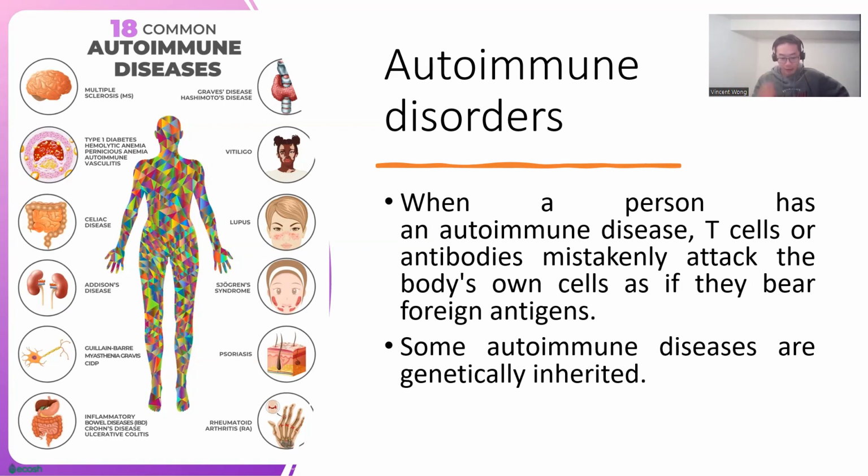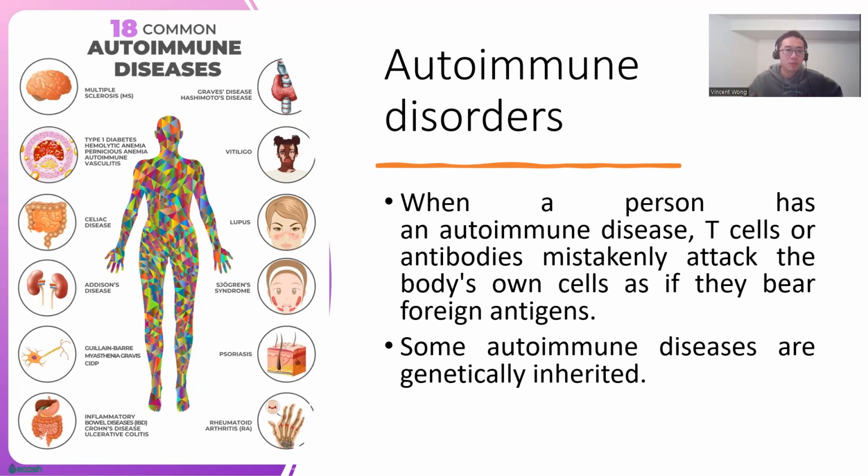So if a T cell that recognizes your own cells accidentally came out, then it's gonna attack your own body. There's some genetic basis to this. Some people with a certain genetic makeup are more likely to develop certain kinds of autoimmune diseases.